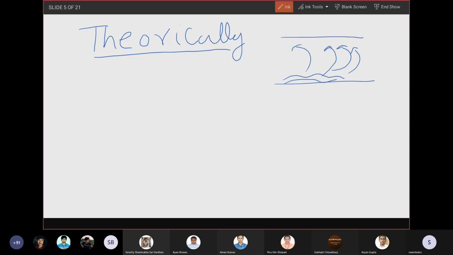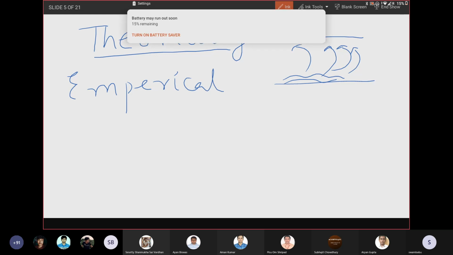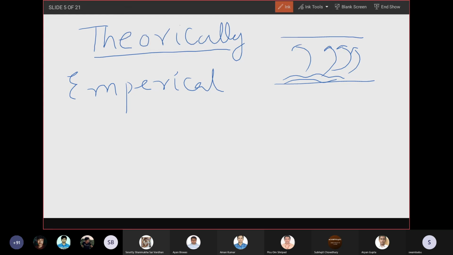Whenever such a problem occurs, when we cannot determine an expression theoretically from the fundamental aspects, we use empirical relationships, because empirical relationships come from experimental evidence. Since identifying the salting system is a complicated case, people have derived certain empirical expressions to find out the salting velocity.